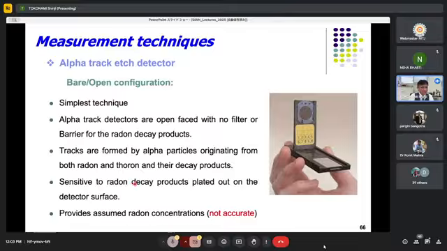It is sensitive to radon decay product plate-out on the detector surface. This technique provides an assumed radon concentration, but it is not accurate. In this figure, this is a French detector.